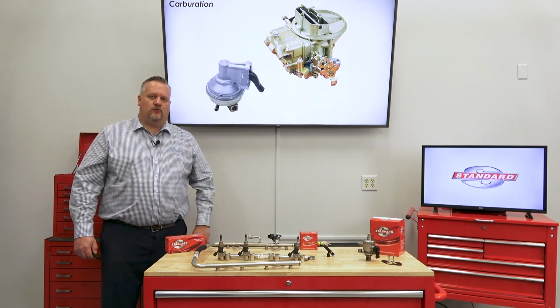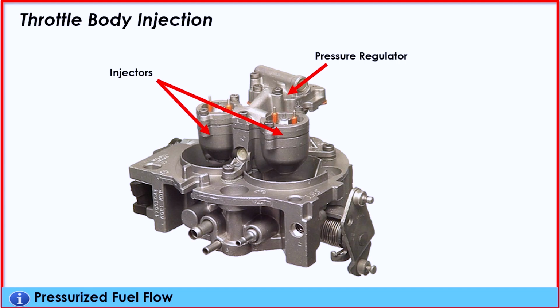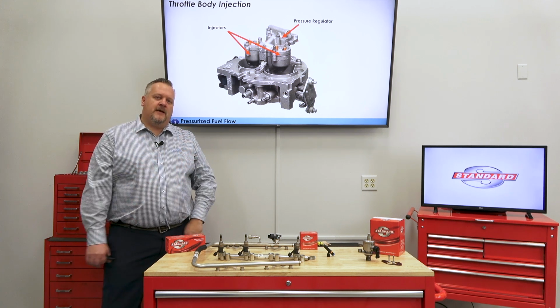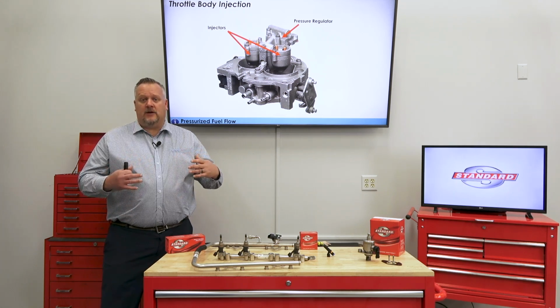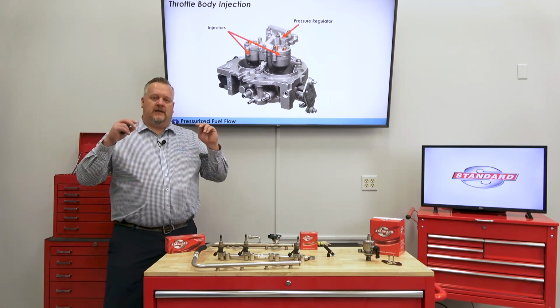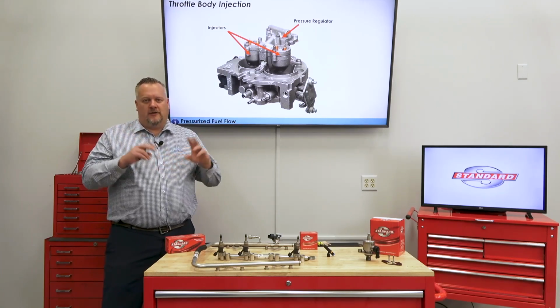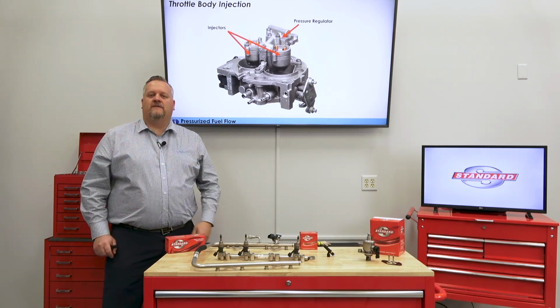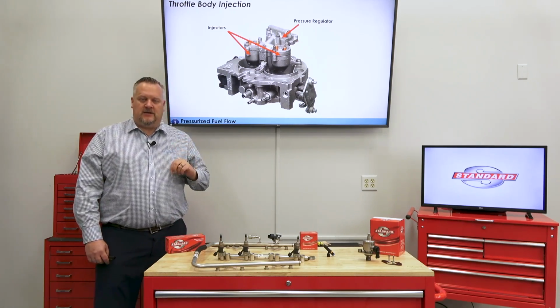Very minimal control. Well, then about the 1980s, mid-80s, we started to see throttle body fuel injection. And so then we've got an in-tank fuel pump pressurizing it from the tank all the way up to the engine. On top of the intake manifold, we've got our throttle body with multiple injectors inside of it, being computer controlled and delivering what we're going to call a quote-unquote precise amount of fuel at that time into the engine.